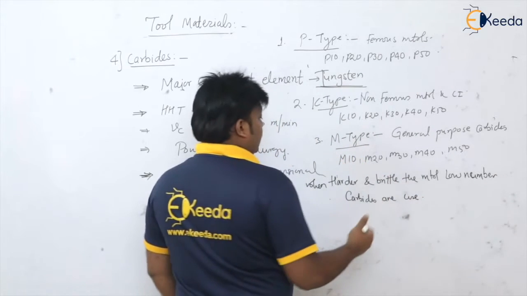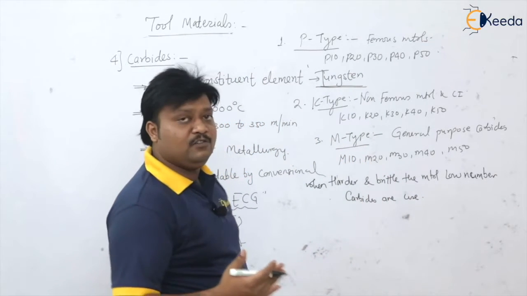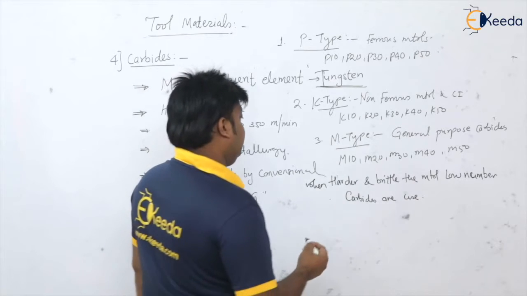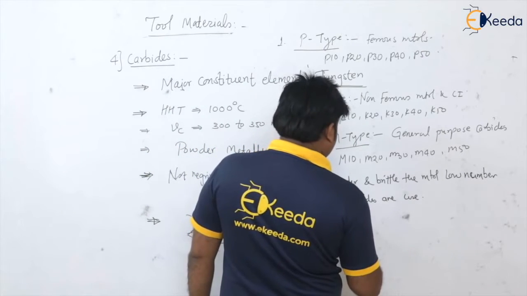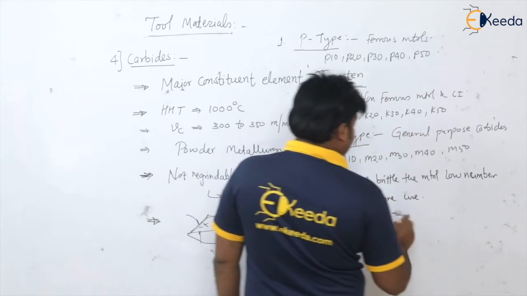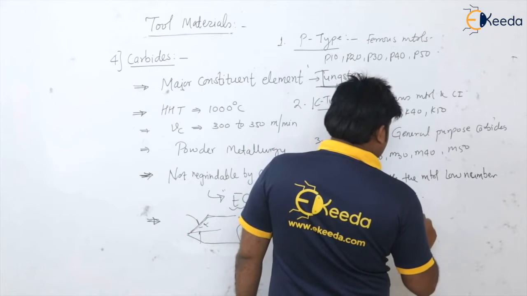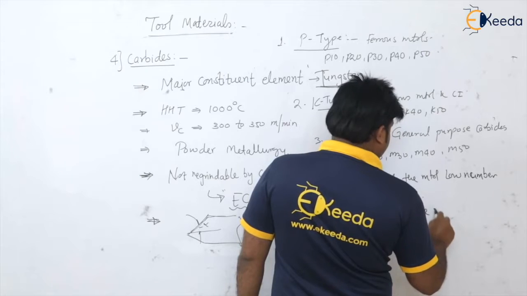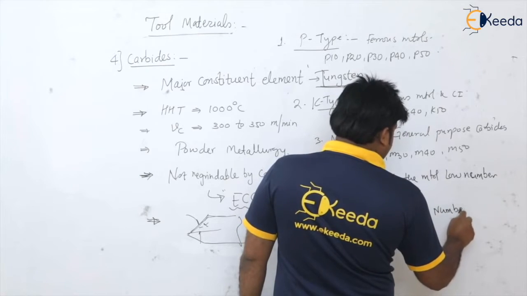And for tough and ductile material, we are using the large or high number carbides.